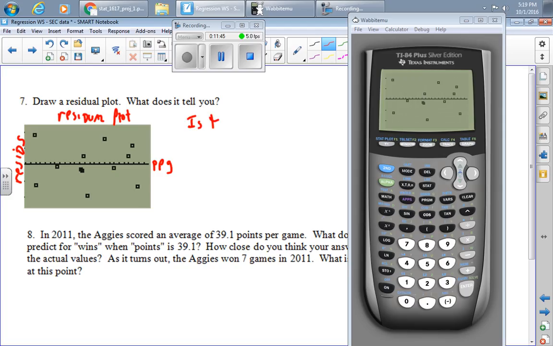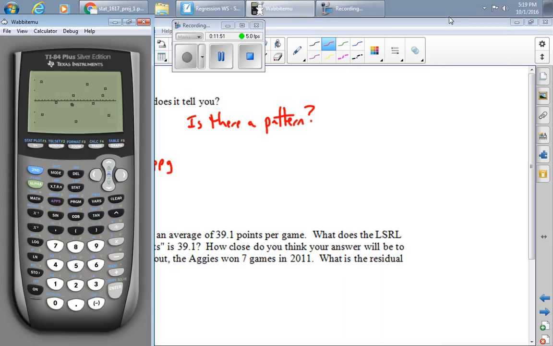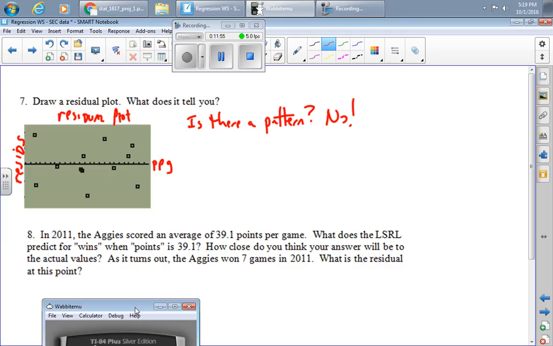Is there a pattern in my residuals? No, not here. No pattern. Since there's no pattern, the method that I used, the linear regression, is a good idea. So I do not see a pattern.